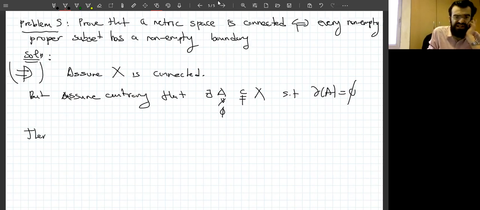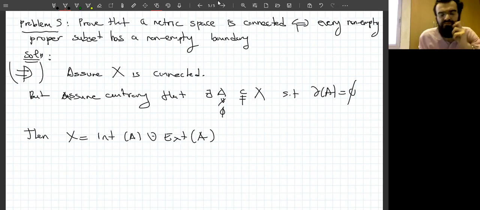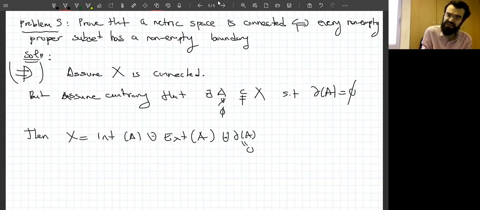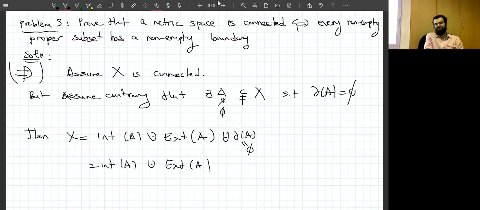Then we can write X as interior A union exterior A, since the boundary is empty. This is a disjoint union. As X is connected, one of them must be empty. But in fact, we will show that both interior A and exterior A are non-empty, then we will reach a contradiction.